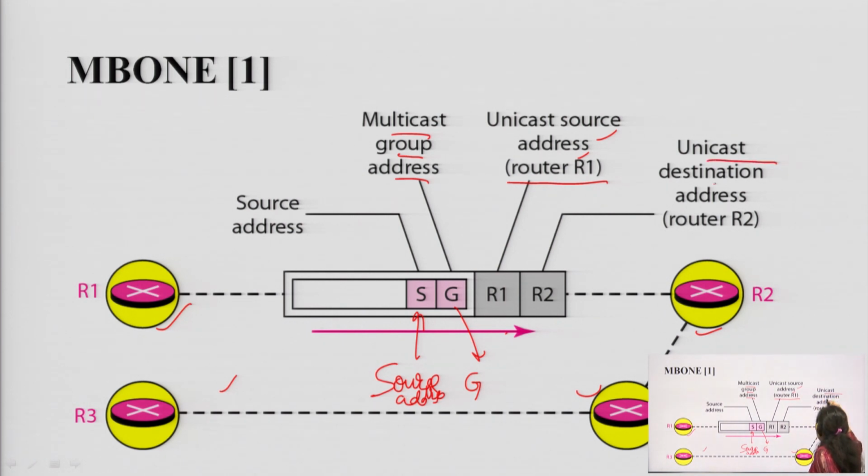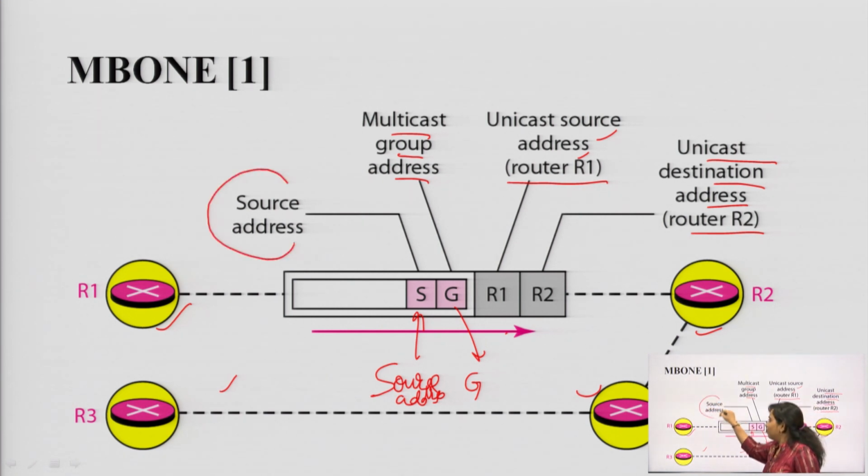This is the unicast destination address denoted by router R2. So, from this particular diagram, it is clear that this is the source address from which this packet has been generated, and this is the group address. This will act as a source address for router 1, and this will act as a destination address for router 2. So, this path has to be followed.